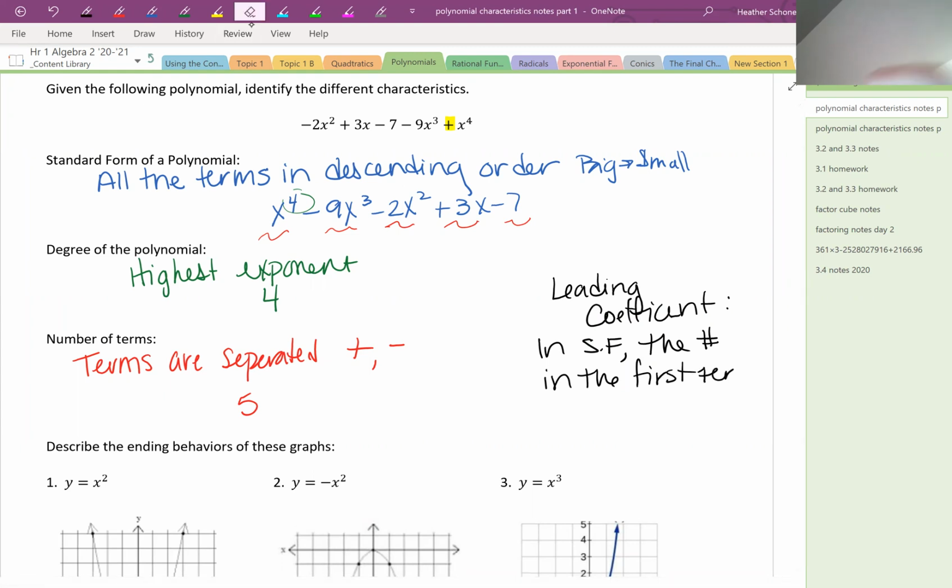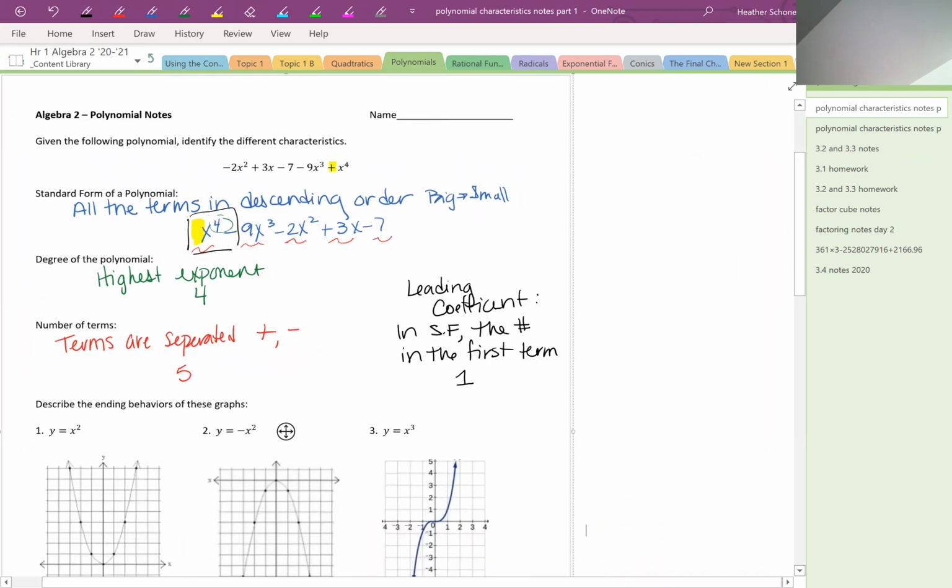Terms are separated by plus and minus signs, so if we look at this polynomial, the first term is x to the fourth. Well, the leading coefficient is the number in front of it. There's no number in front of it, so when there's no number, there's an invisible 1. So for this polynomial, there's an invisible 1.